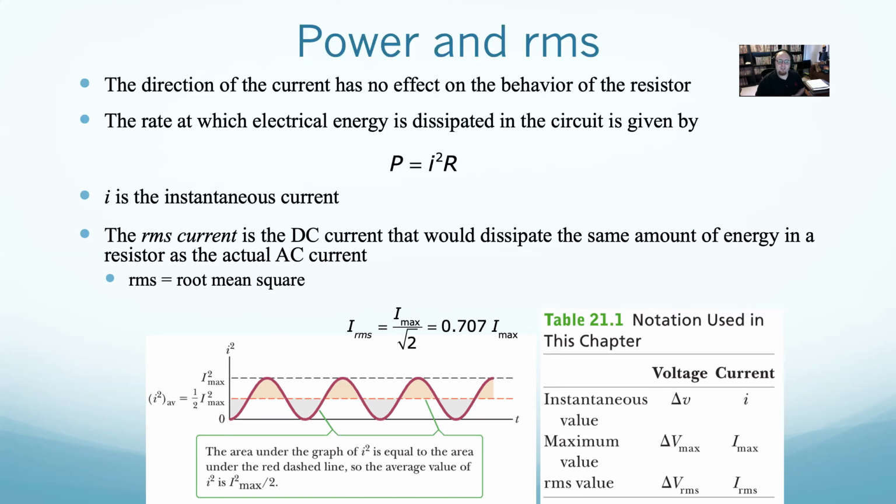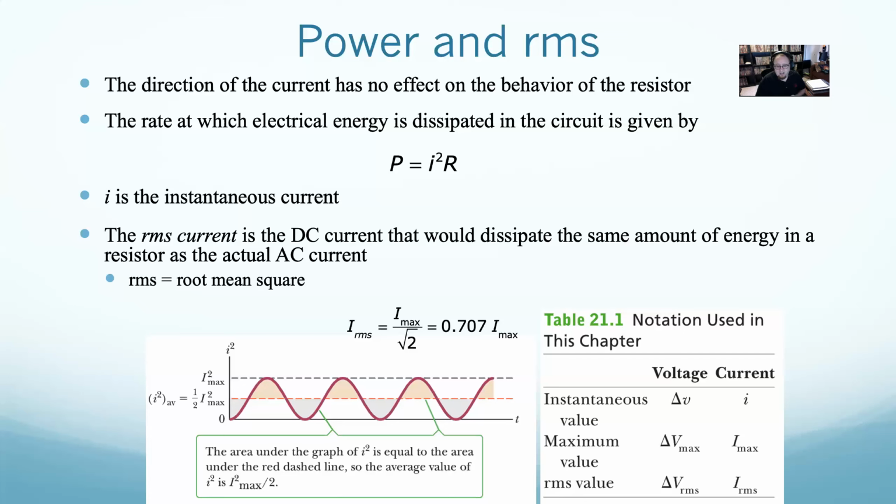The RMS current is the DC current that would have the same power loss. Let me try this one more time: the RMS current is the current that has the same average power loss as a DC current of that amount.